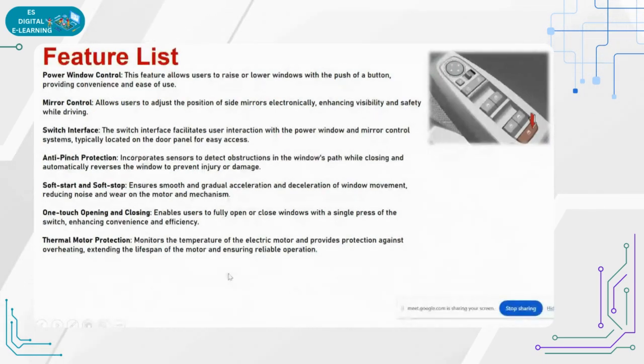That is the thermal protection, because whenever heat keeps coming, the life span will decrease. So we need to ensure that we give life to the controller and the motors in it.